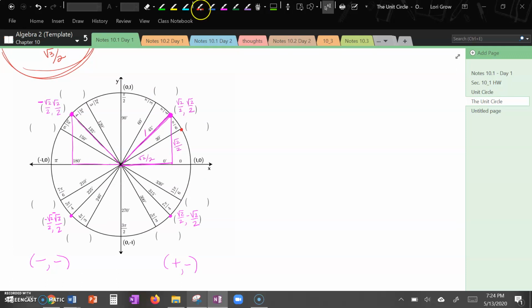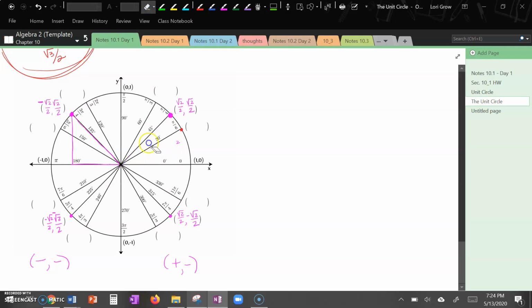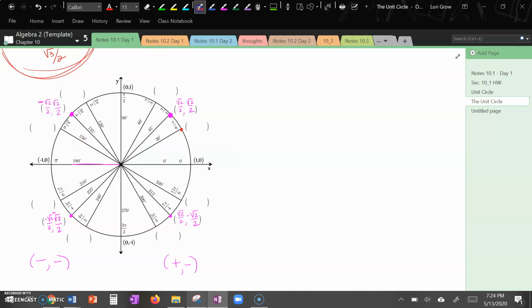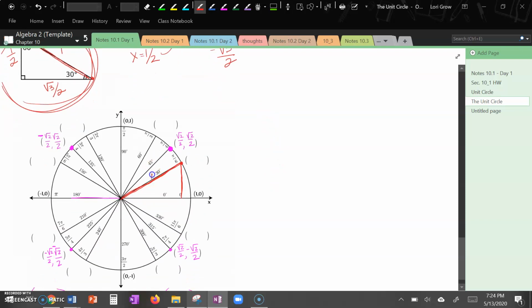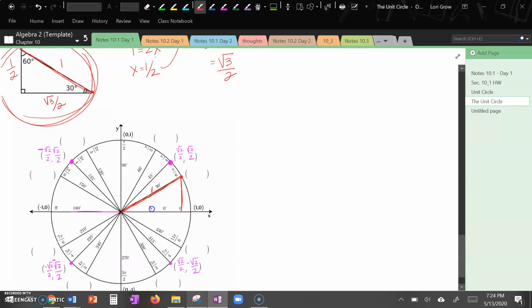All right, as for the 30-degree angle, I'm going to erase this 45 for now so you can see what I'm talking about. The 30-degree triangles, I could make that guy right here. The radius again is 1. And so we found out up above that if the radius was 1, the side across from the 60 would be root 3 over 2, and the side across from the 30 would be 1/2.